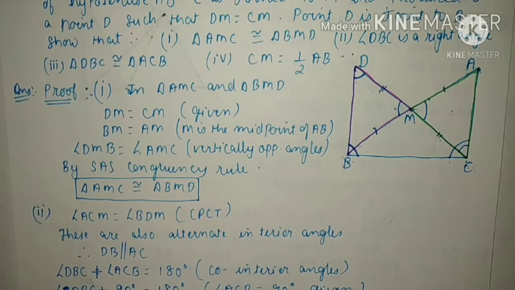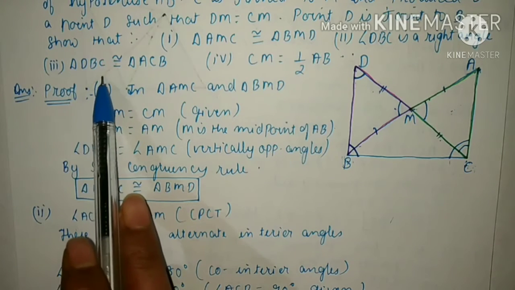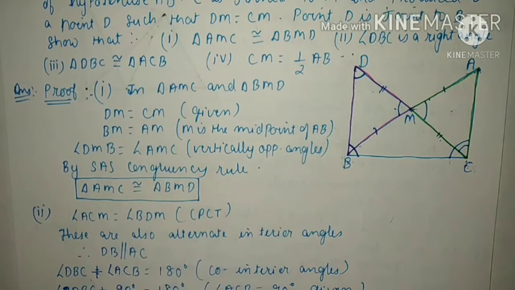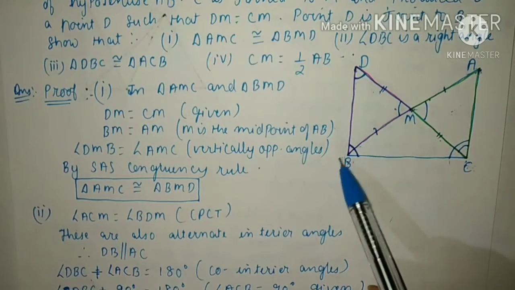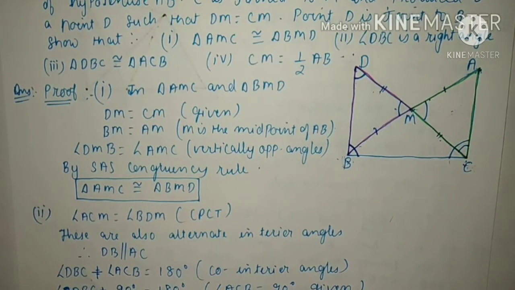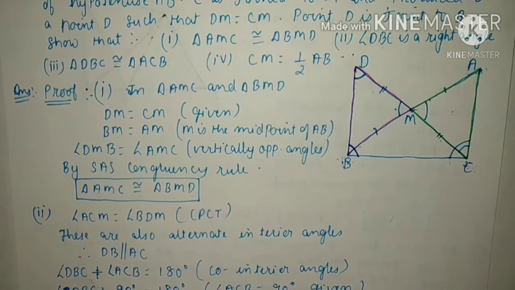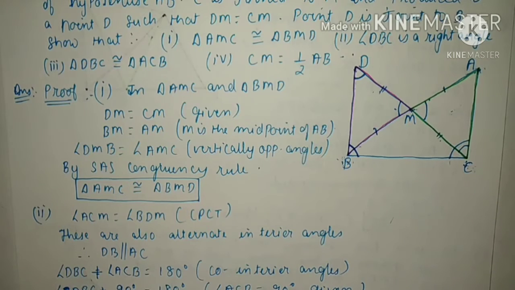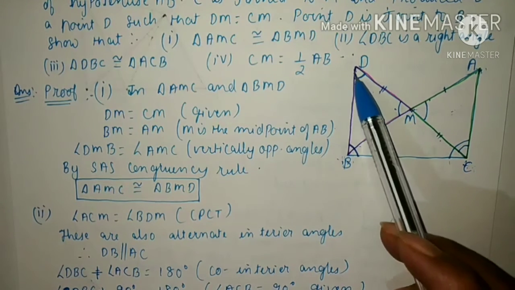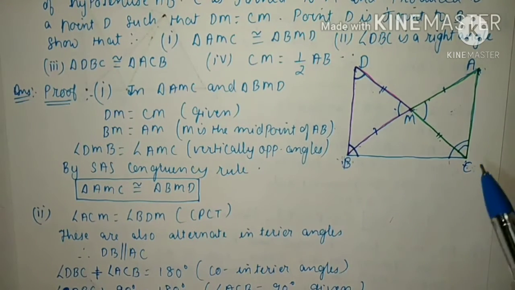Now see the third part which we have to prove. Triangle DBC is congruent to triangle ACB. This is triangle DBC and this is triangle ACB. We have to prove these two triangles congruent. Now how will we prove them congruent? First of all, DB is equal to AC.